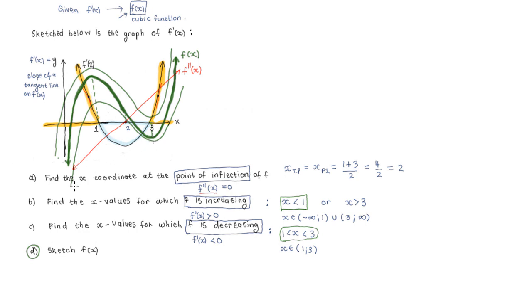And then also correctly representing the intervals of increase and decrease. For x values less than 1, you are increasing. Between 1 and 3, you are decreasing. And for x values greater than 3, you are increasing again. So you didn't draw it the other way around, and that's what you would get marks for.